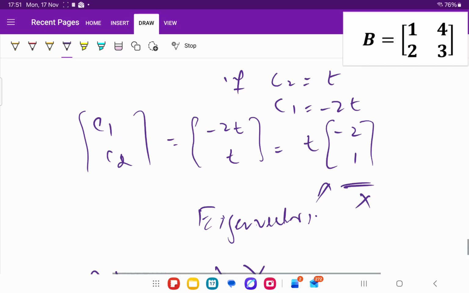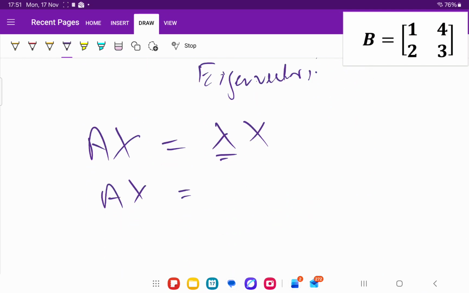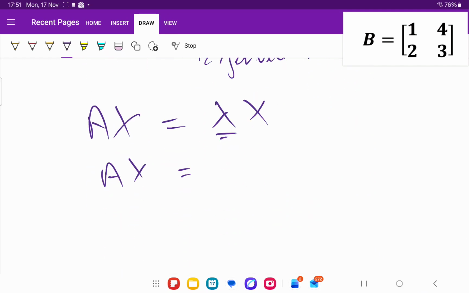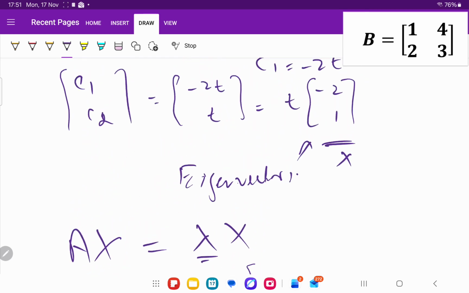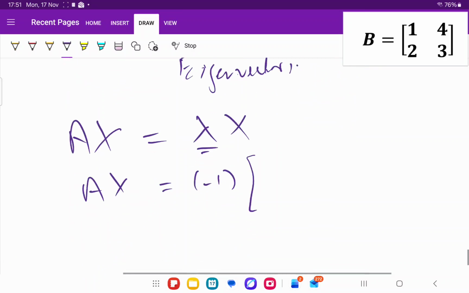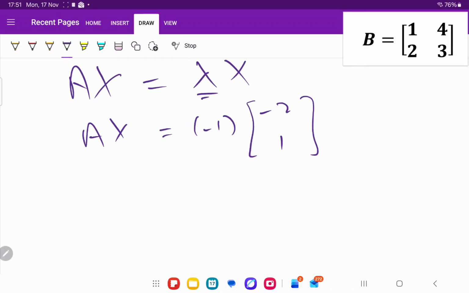So in this expression we put minus 1, and x is whatever your eigenvector is, minus 2 and 1. And A represents your matrix, whatever the given matrix.